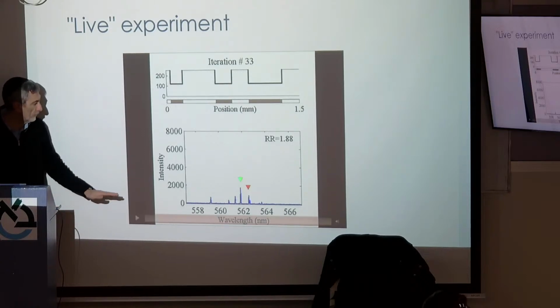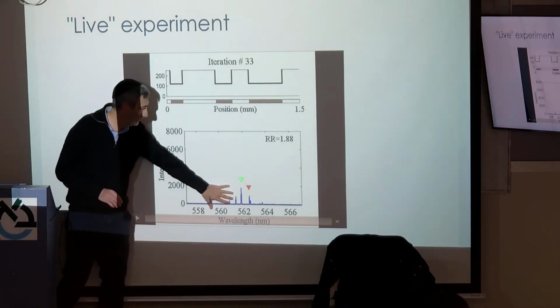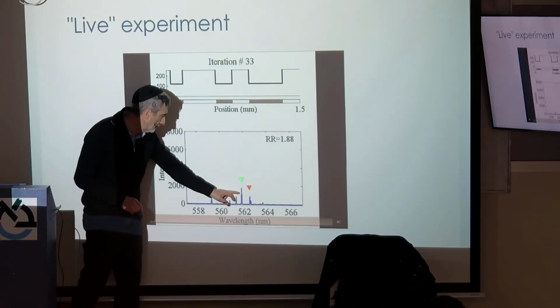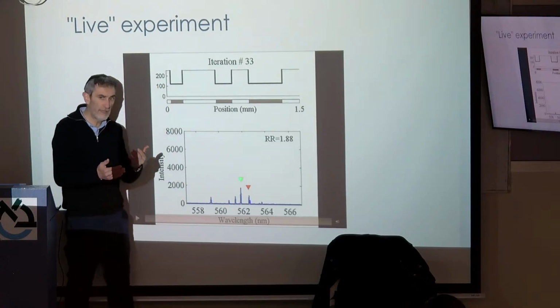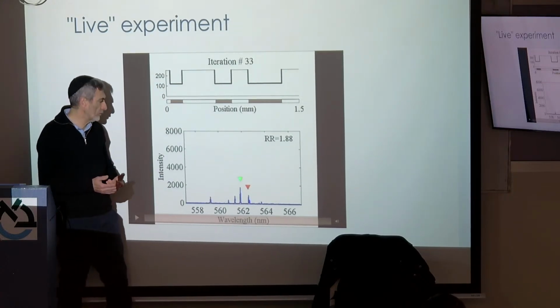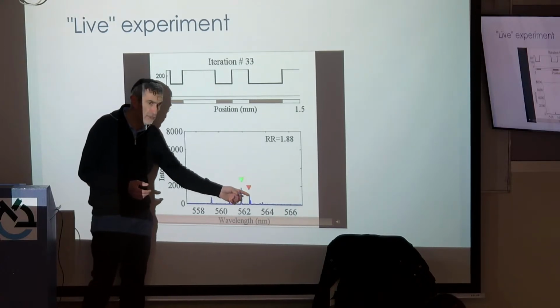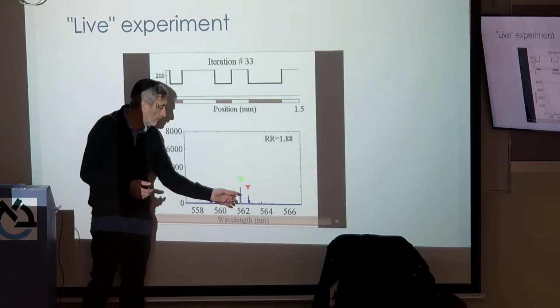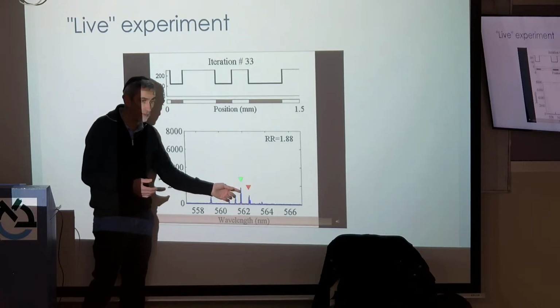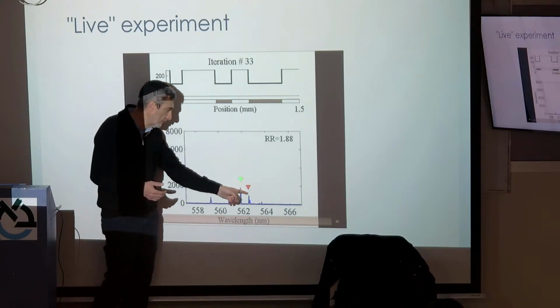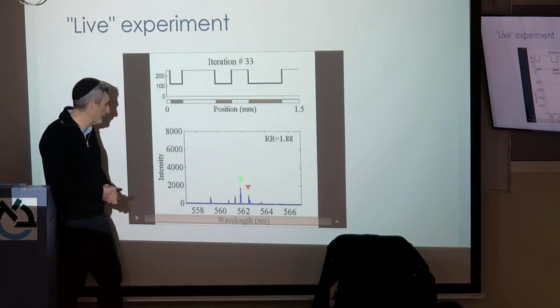So I explain to you. This is the spectrum here. We want to optimize the green peak, and the algorithm will choose to maximize this peak and minimize the next highest peak after this one. So it will minimize the red and maximize the green.